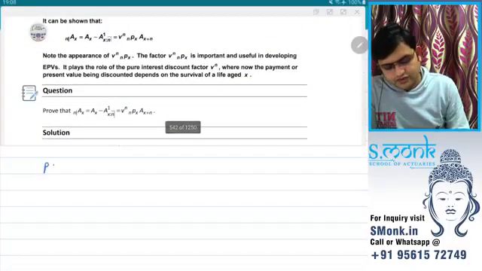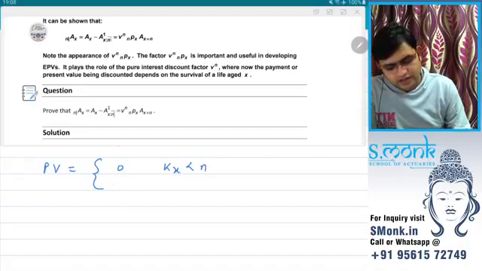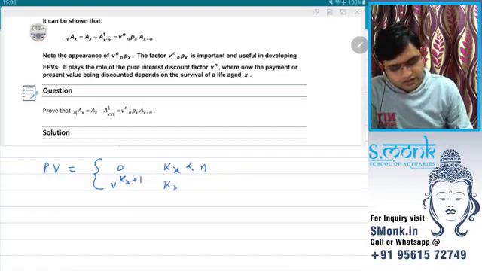So first of all, present value will be equal to 0 when Kx is less than n and v raised to Kx plus 1 when Kx is greater or equal to n.